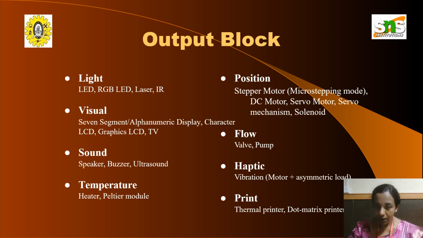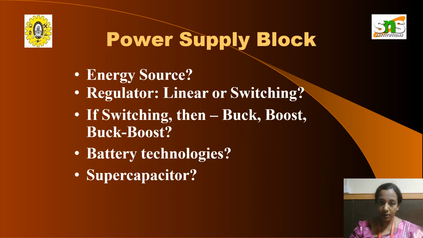Temperature, heater, position, flow, haptic, and printers are also output devices which we can have. The stepper motor can also be considered an output device. The DC motor, servo mechanism, and solenoids can also act as an output block.